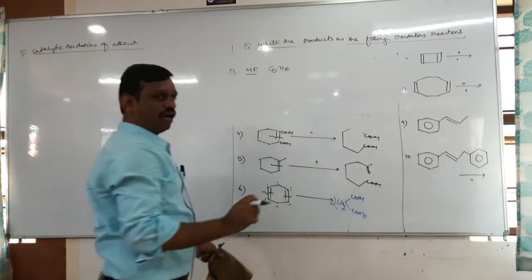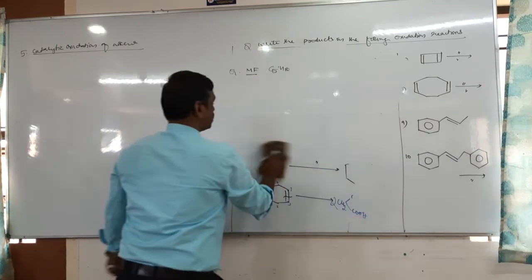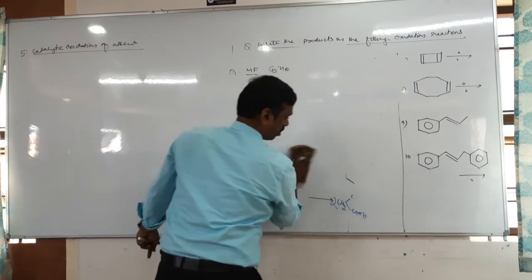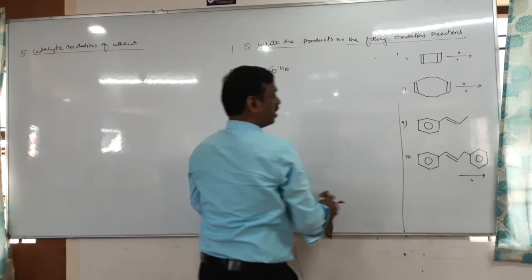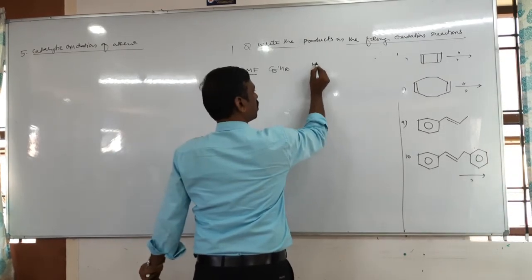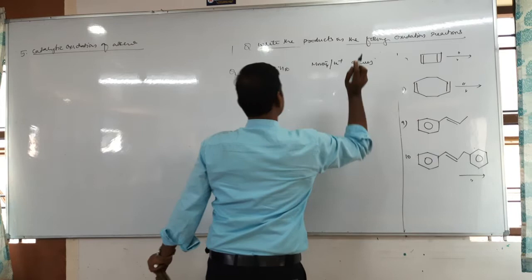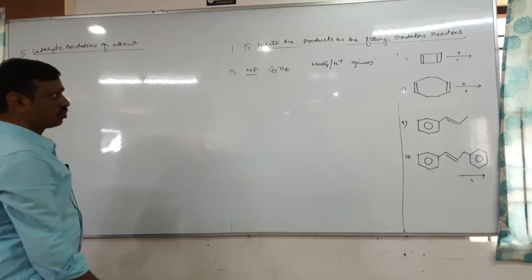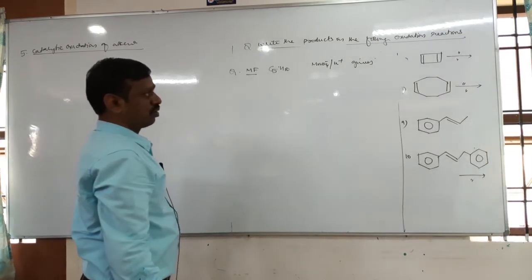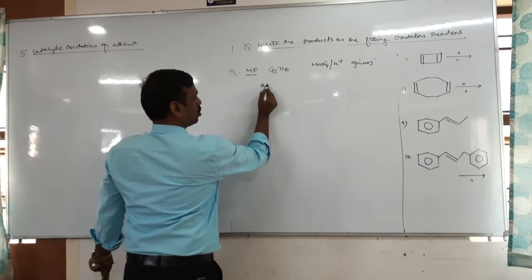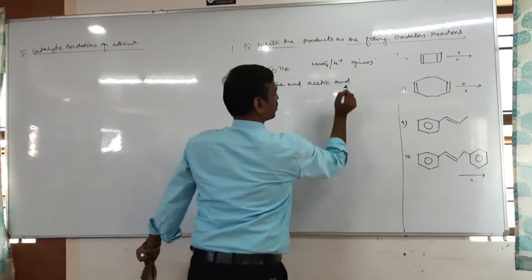The molecular formula of alkene is C5H10 and it undergoes oxidation with MnO4 minus, H plus, gives acetone and acetic acid.